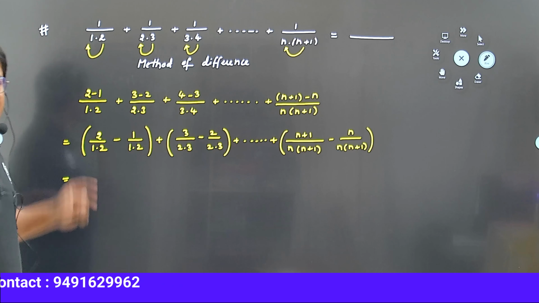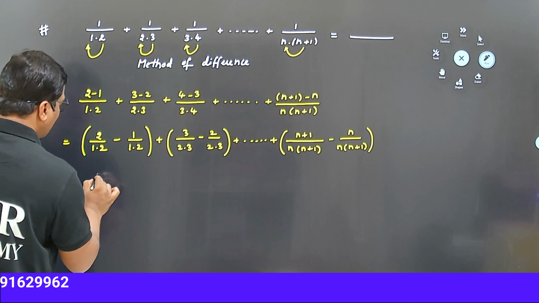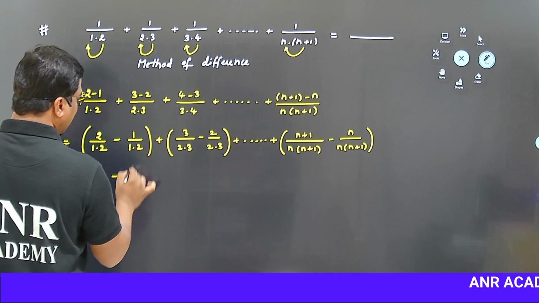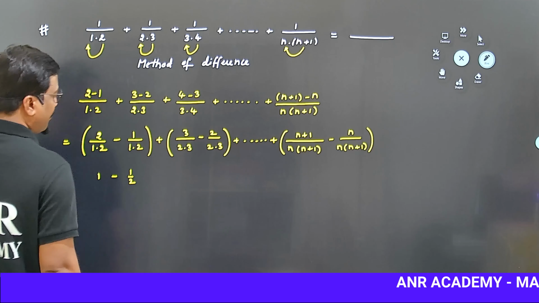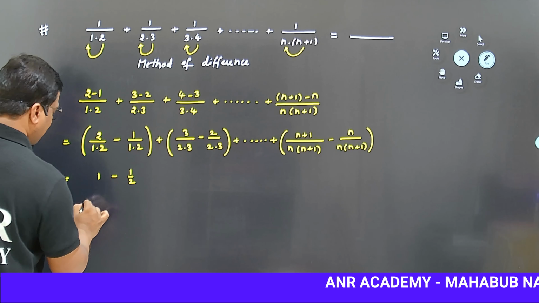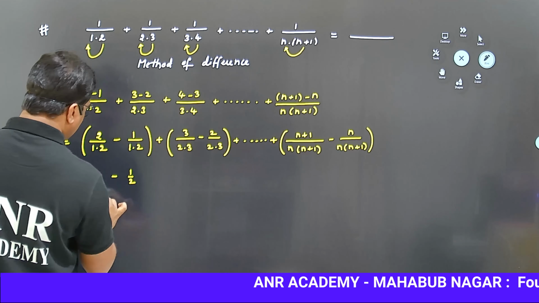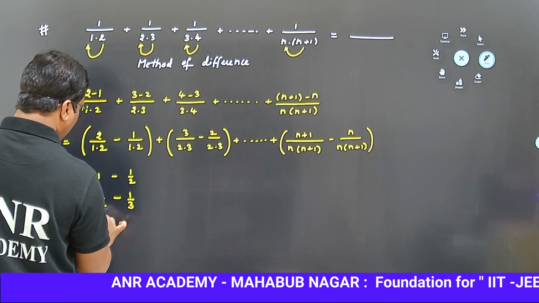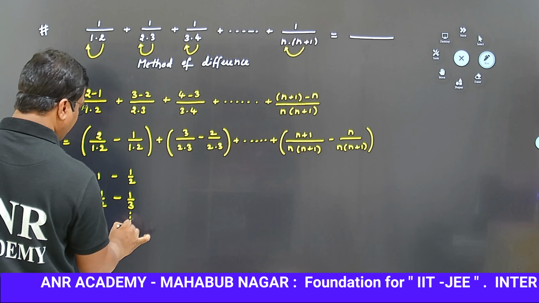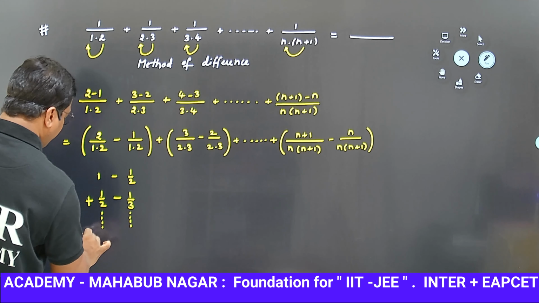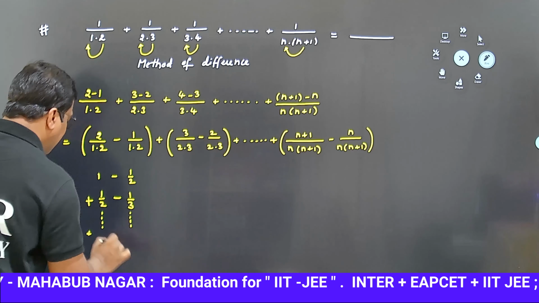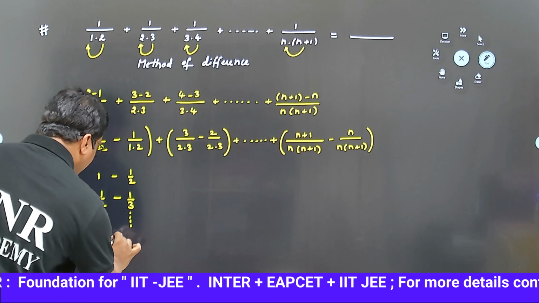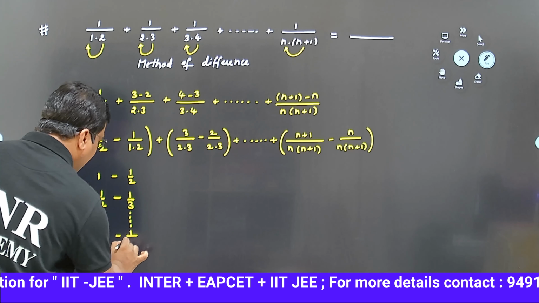Now 2 divided by 1 into 2, the 2 gets cancelled, we get just 1. Next minus 1 by 2. Next you put a plus sign, plus 3 gets cancelled, 1 by 2, 2 gets cancelled, 1 by 3. On continuation, see what the last term is: n plus 1 gets cancelled, we get 1 by n here, n n gets cancelled, and the last term is 1 by n plus 1.